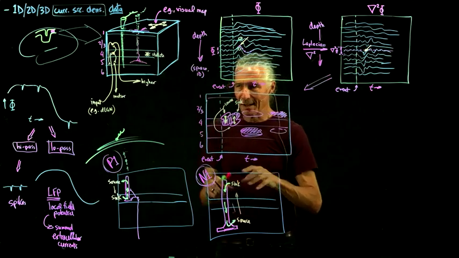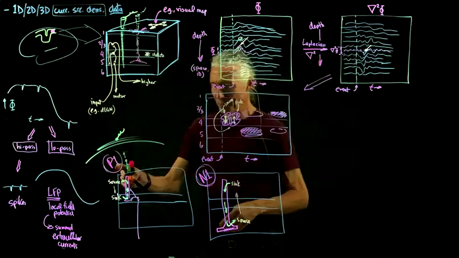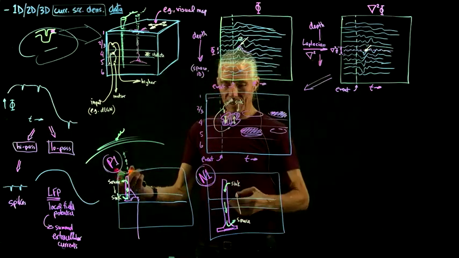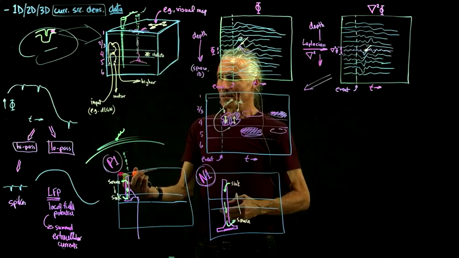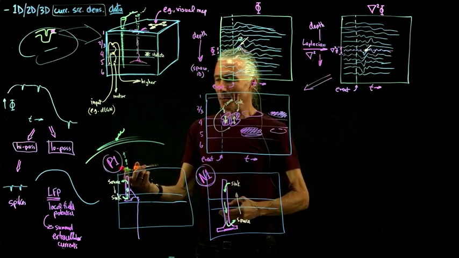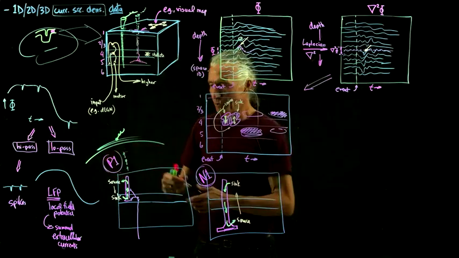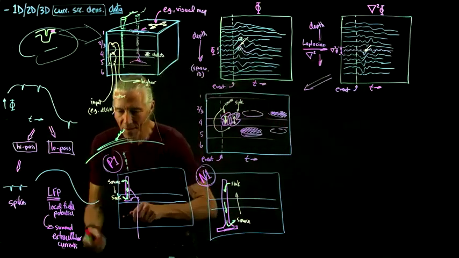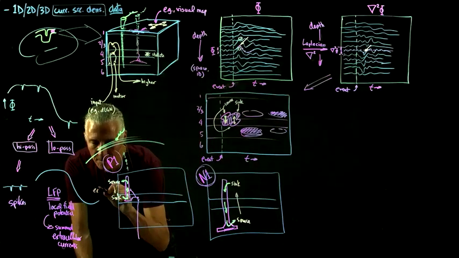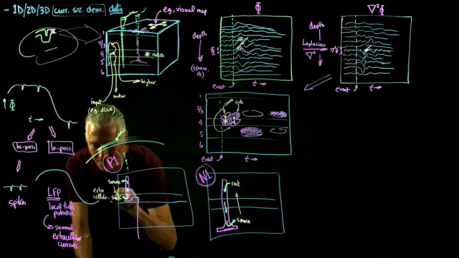It's easy to get confused about the sign of things. So this is P because the source is going to be positive current erupting from the top. But when we think about the direction of the current flow, it's actually extracellular current flow, which is what we're recording.